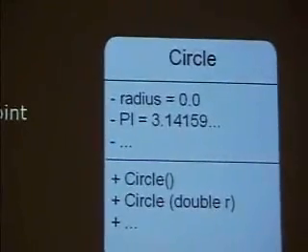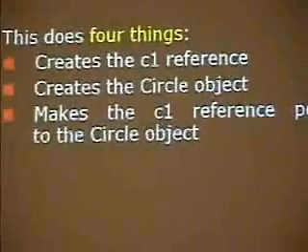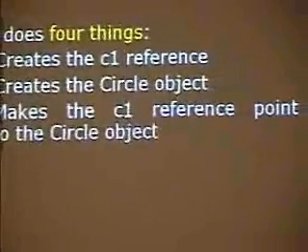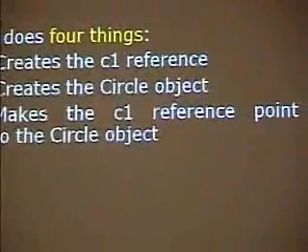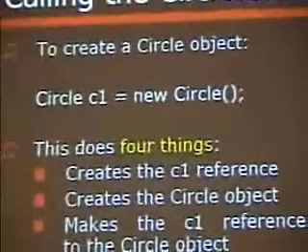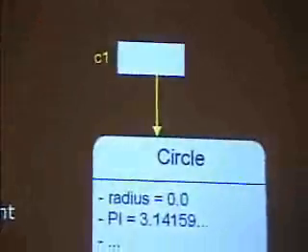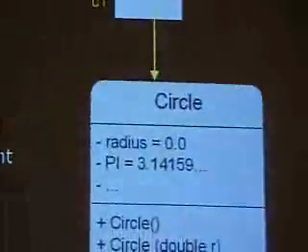It next makes the c1 reference point to the circle object. In particular, this is sitting somewhere in memory at some memory address, and that memory address is going to be copied into the c1 reference. So the c1 reference now points to the newly created circle object.